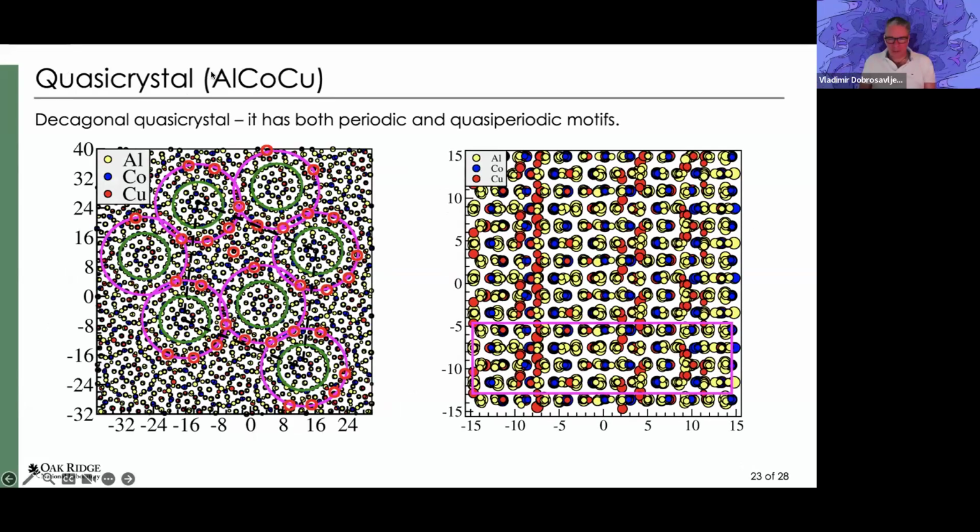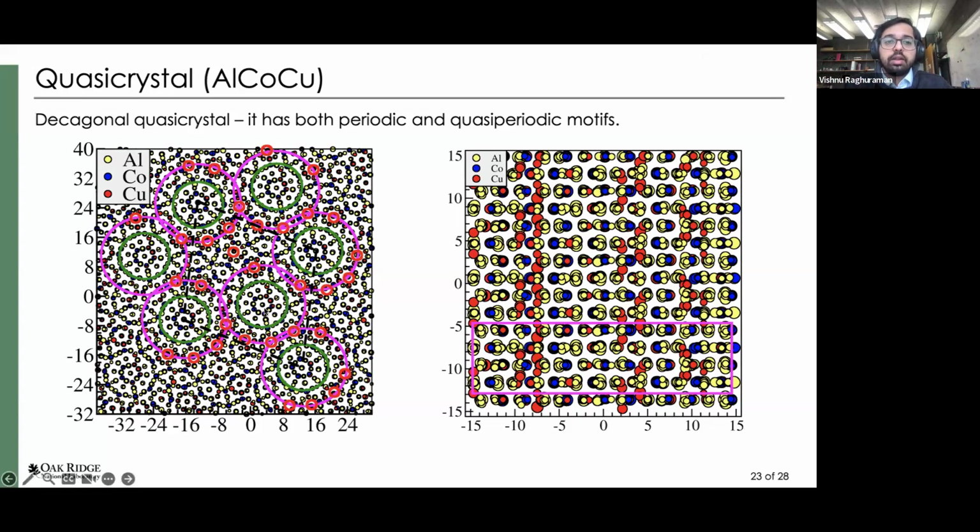Wow. So the decagonal quasicrystal, which is aluminum, cobalt, copper. Now this system is definitely not doable with CPA, I think, right now. And so this is a good example of a system where our method is suited.